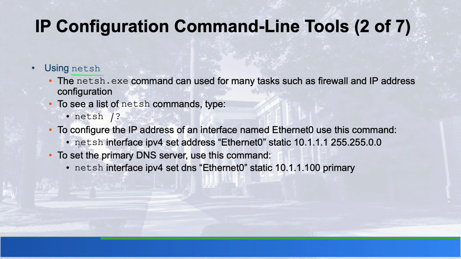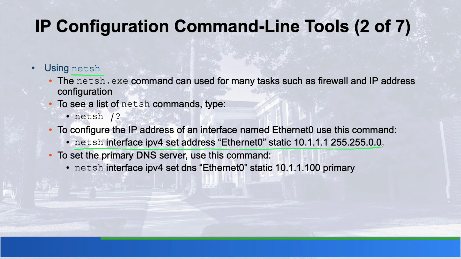So this would be the command you would type at the command prompt to set the IP address for the Ethernet interface. Use this one to set a DNS server. Notice it's a very long command. You would have to type all of this stuff in just to set the IP address. It's a lot easier to do it through the point and click interface.